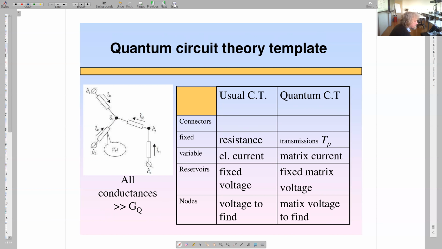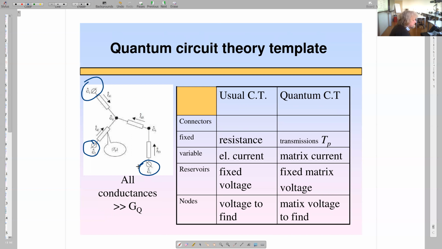Those are three. There are terminals, reservoirs, leads, whatever you call them. In the usual circuit theory, there are some leads, some contacts, terminals, which are biased at a certain voltage.